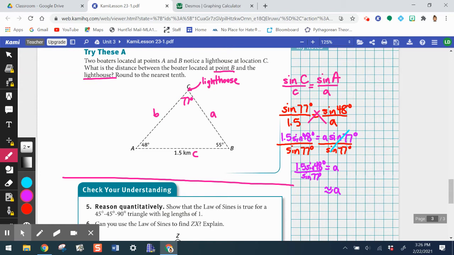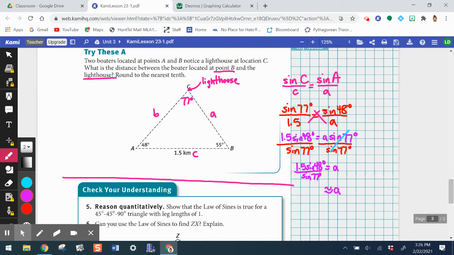So let's talk about that. First thing we know is they tell us these two angle measures. So if you can, why not go and find this third angle measure? It possibly can help us out. In fact, it does. So again, these three angles had to add equal 180. So I took 180, subtracted 55, then subtracted 48, and 77 degrees was the remainder.